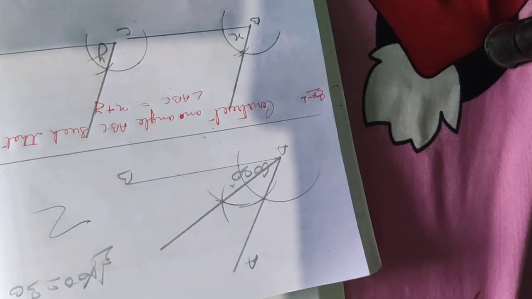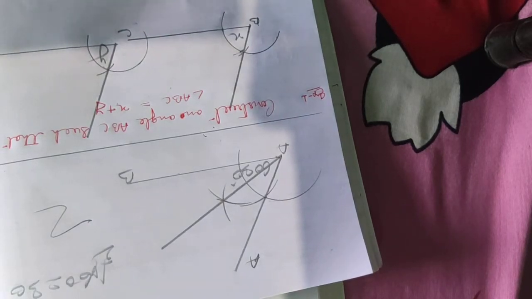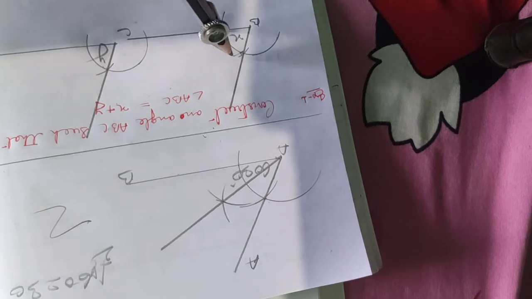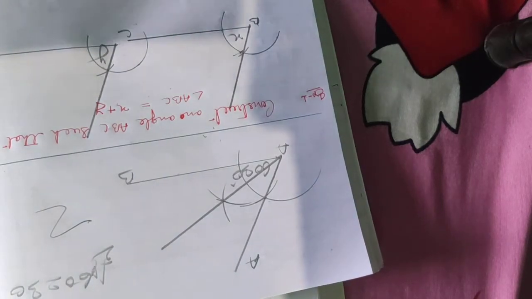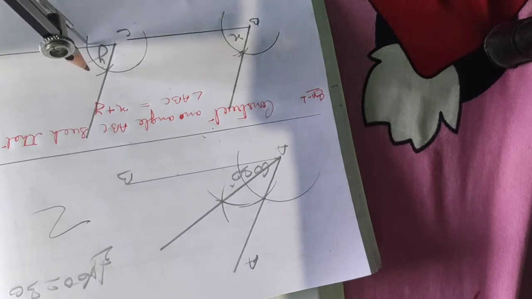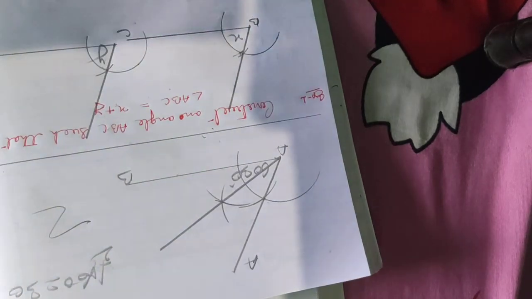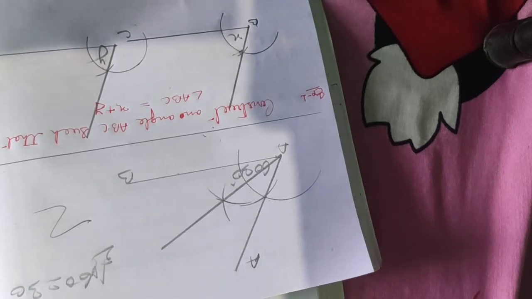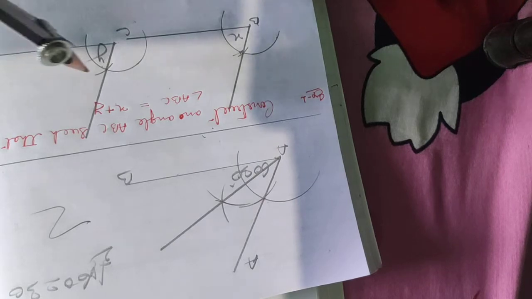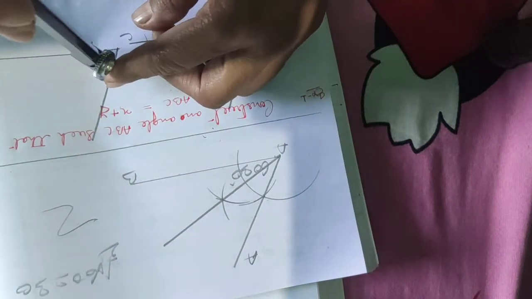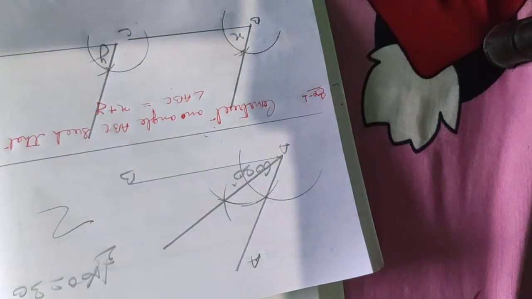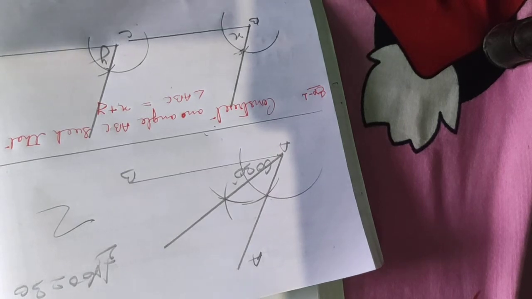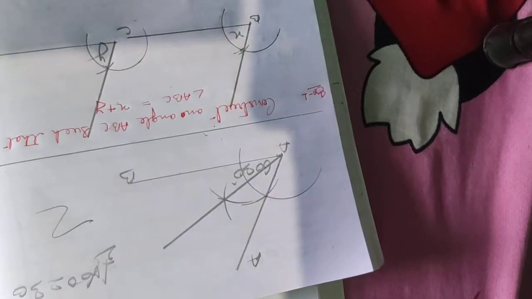Draw an arc first, then measure X, cut here X, then measure Y, and where it will cut here, take a little bit small radius, cut here. Now join this point to this point.